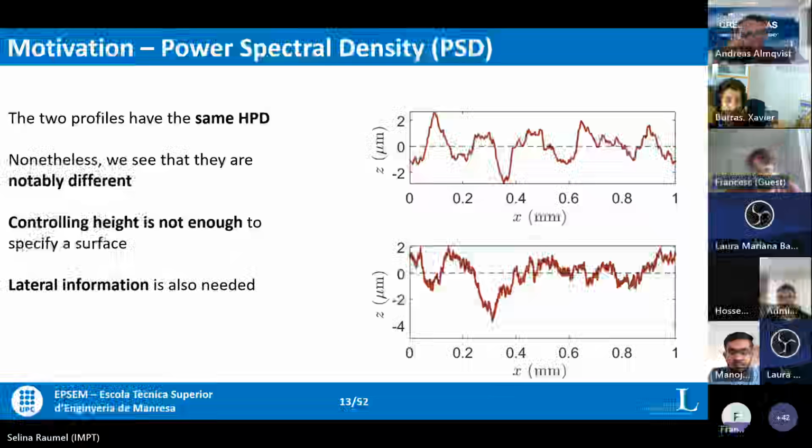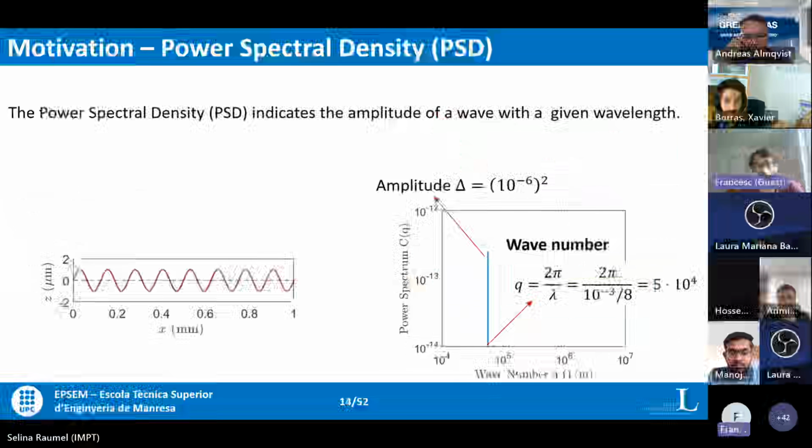Now if we look at this lateral information, the equivalent to the high probability density is the power spectral density. The power spectral density is going to give us all the lateral information that we might need about the surface.